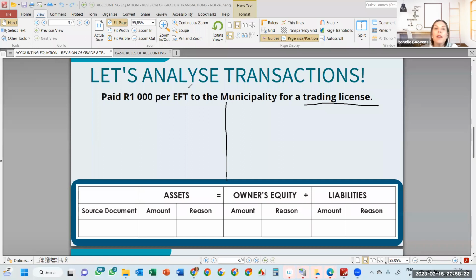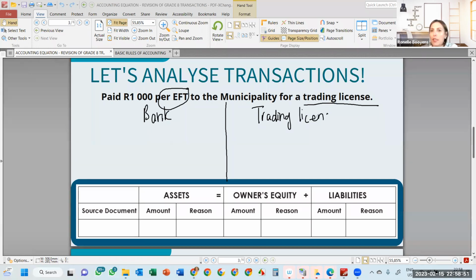But if our business pays something per EFT, it means that there's money going out of the business's bank account to pay for whatever. So the two accounts that we have identified as being affected by this transaction are bank and trading license.